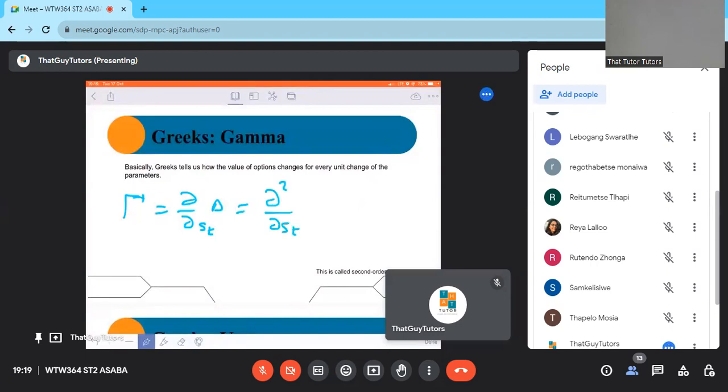So this one tells you the rate of change of the delta. For each increment of the share price, what's going to happen to the sensitivity of the delta? How does the delta change? This is what gamma tells you. It tells you the sensitivity of the delta to the share price.